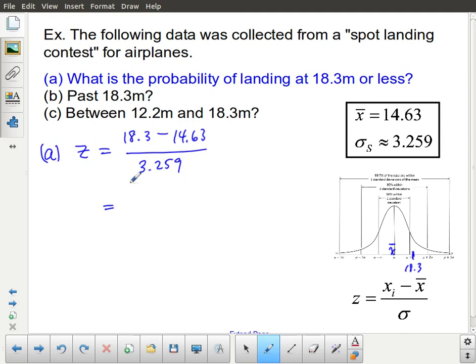I do that calculation, 18.3 minus 14.63, divided by 3.259, and I end up with approximately 1.1261. So what this is telling us is that the value 18.3 is 1.1261 standard deviations to the right of the mean. It's positive, and that means it's to the right of the mean.